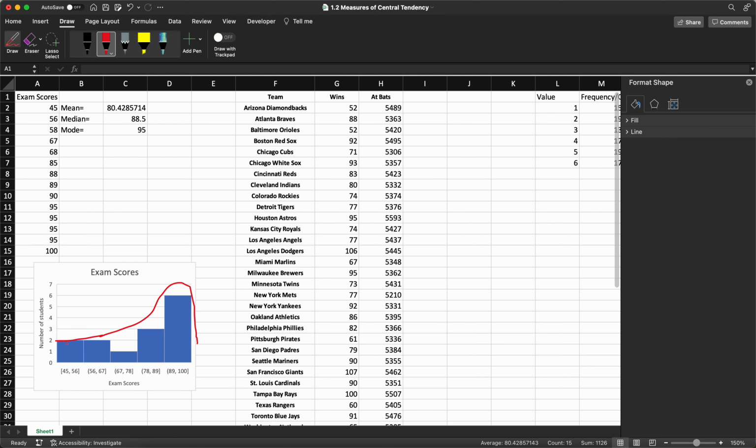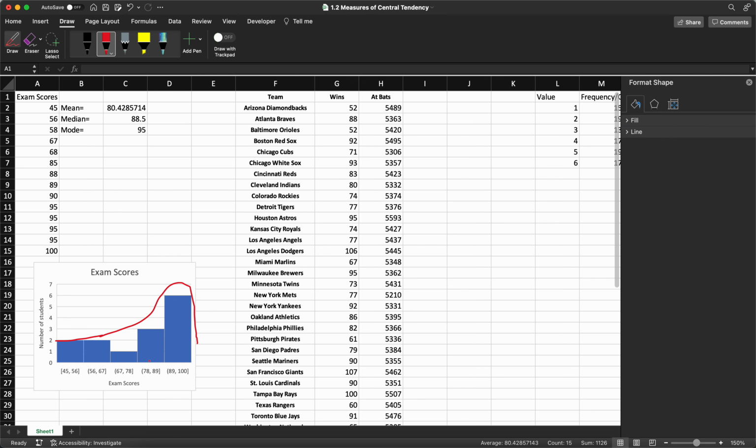So the tail's to the left, and notice the mean here is much smaller than the median. We're on a scale from 0 to 100. My mean is 80.4. My median is 88, almost 90, almost 10 values away.